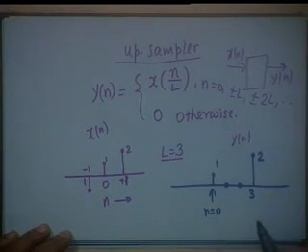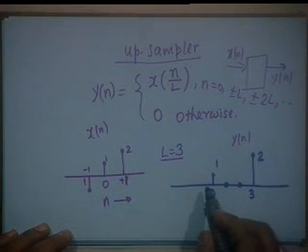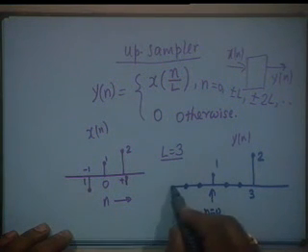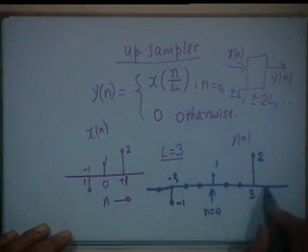Yes, n equal to minus 1, it does not exist, minus 2, it does not exist, minus 3, it is minus 1, and the rest of the samples are 0.